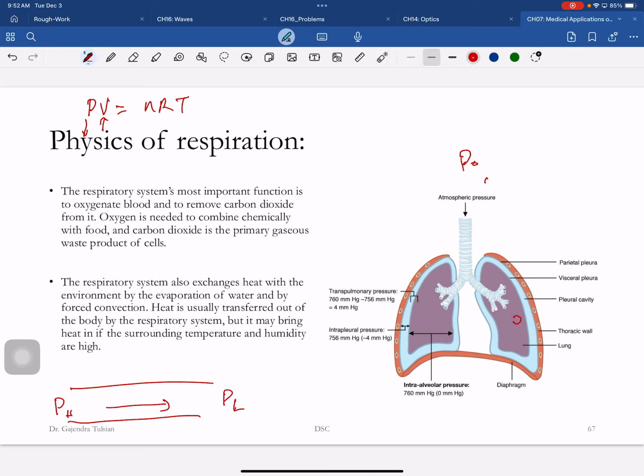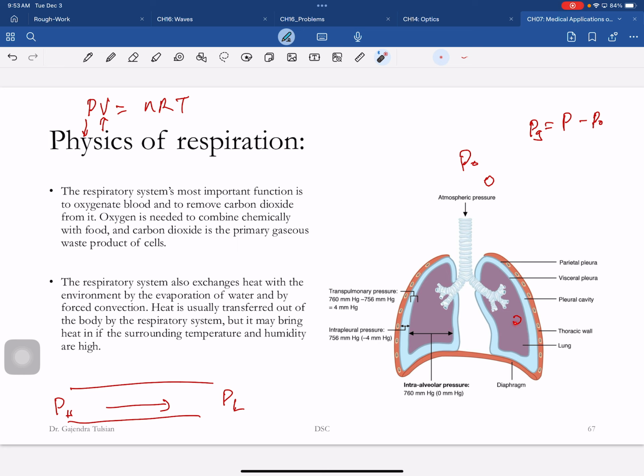Gauge pressure is actual pressure minus atmospheric pressure. So the gauge pressure here is 0 millimeters of mercury. You want 0 so that air doesn't move. If the intrapleural pressure is minus 4 millimeters, how do you get 0?